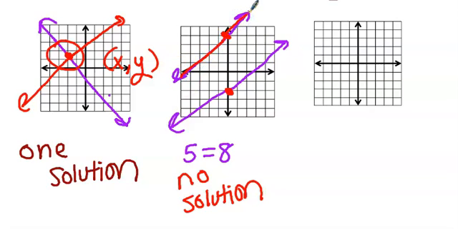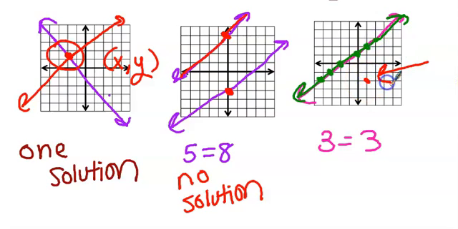And the last one, and again, I apologize, my slopes aren't perfect. I'm going a little bit fast, just as a quick recap. If it was 3 equals 3, that would mean you have all classes with this person. So again, we want to say infinitely many solutions because it's all the solutions that they share. We don't want to say all real numbers because then that would mean this point could be a solution, which it isn't because it's not on the line.